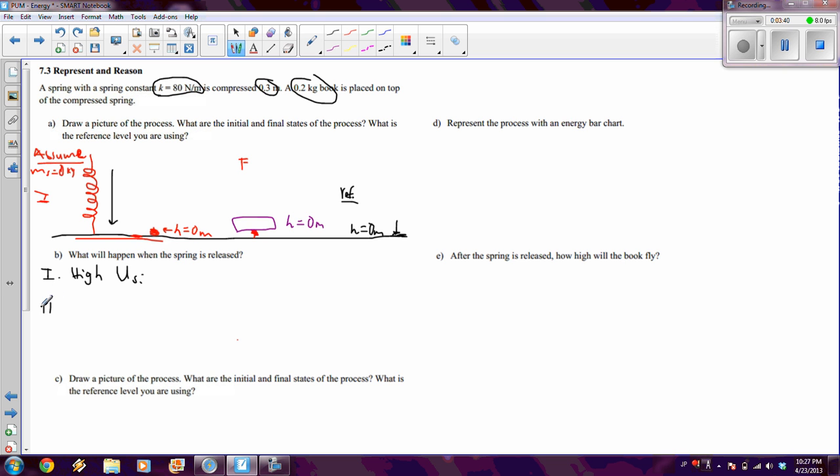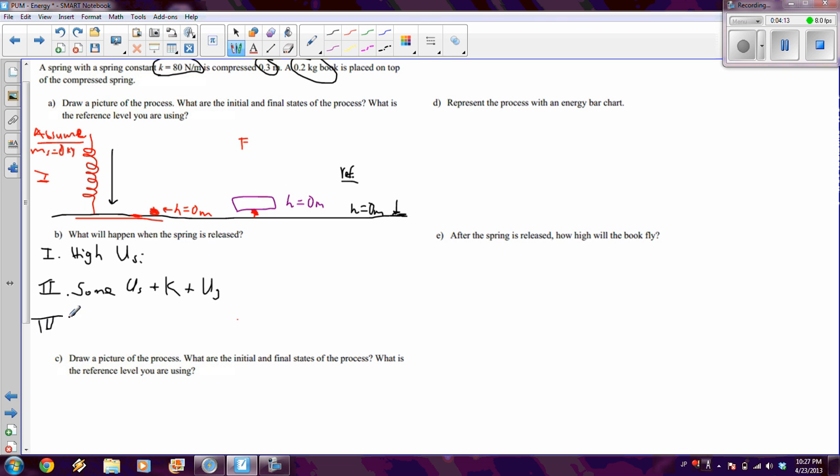So this is our second step. We can say first step, second step, or I for initial. It's fine. We're going to be going to some elastic potential energy. There's going to be some kinetic energy because now it's in motion. And there's also going to be some gravitational potential energy because the book is going to be flying up partially above the ground.